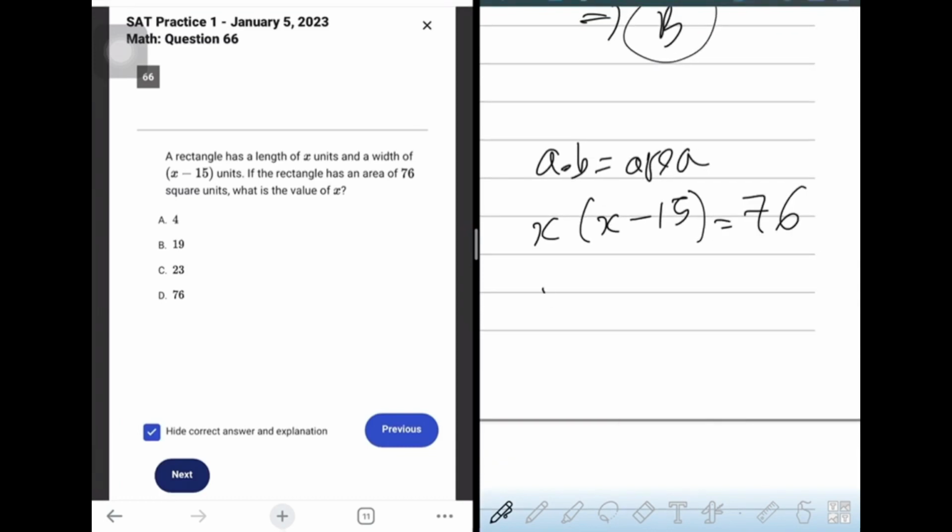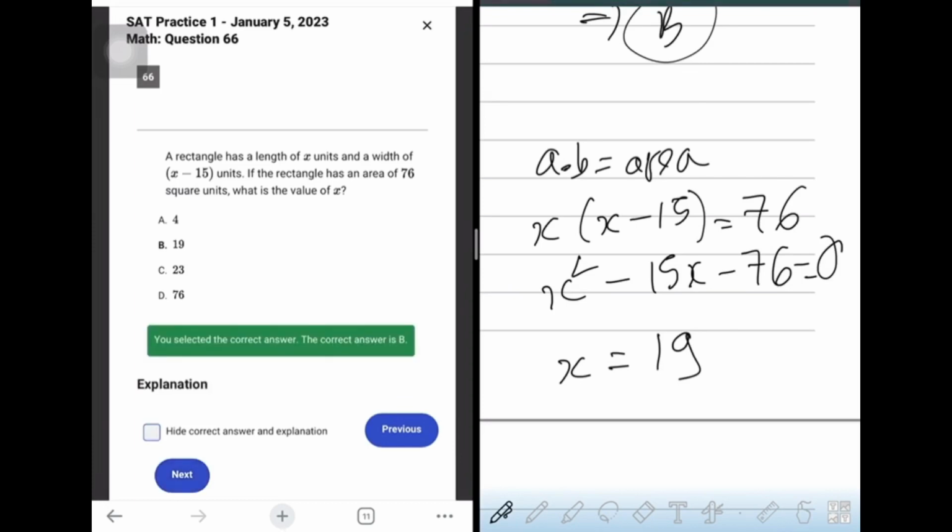So we find x squared minus 15x minus 76 equals 0, and then we use our calculator. We have x equals 19. Right, B.